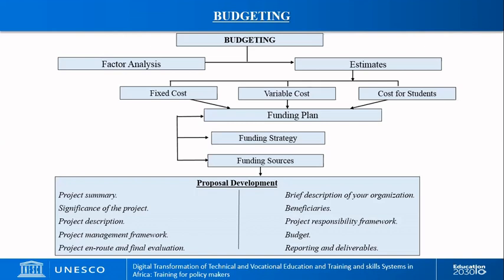And this will enable us to develop a funding plan. And the funding plan will guide us to develop a strategy. Then we make a list of the funding sources. And having identified the sources, we can now develop a proposal based on the guidelines or the requirements or the provisions of the sources we have identified.